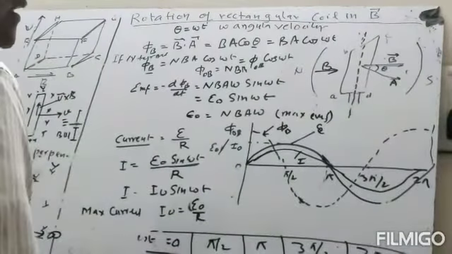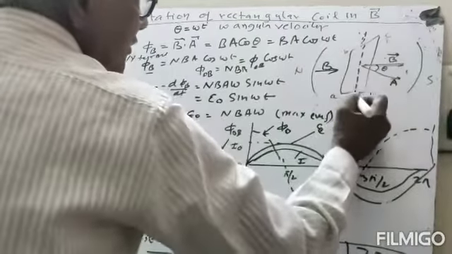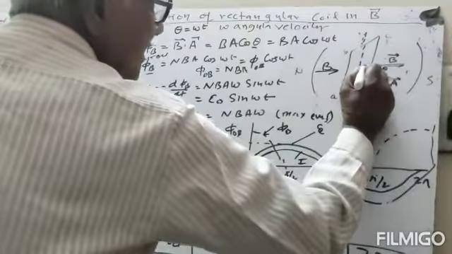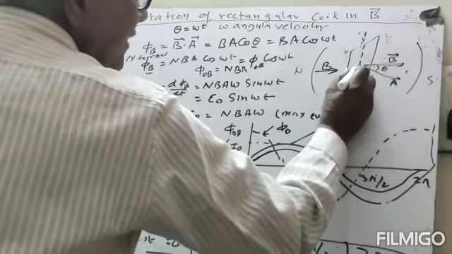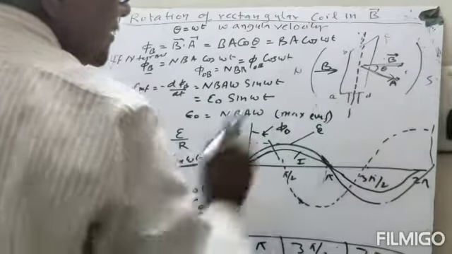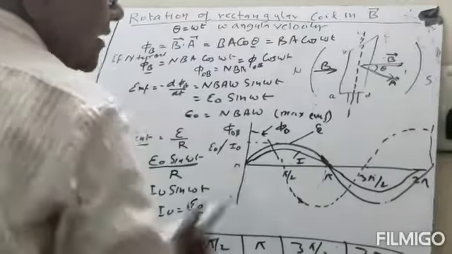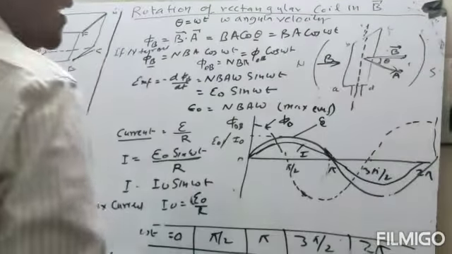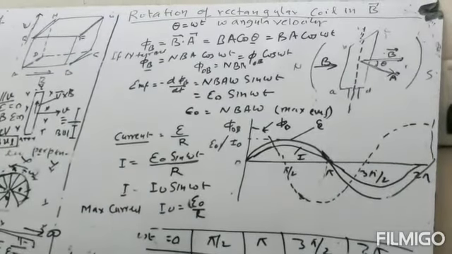At any instant, this is the position of ABCD. Then we have a normal to the area, and the area vector will be in this direction. So the angle between the area vector and the magnetic field is equal to theta.